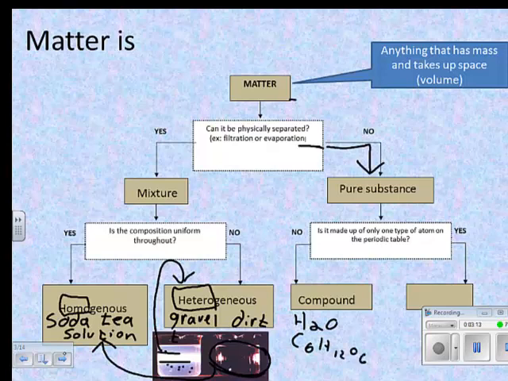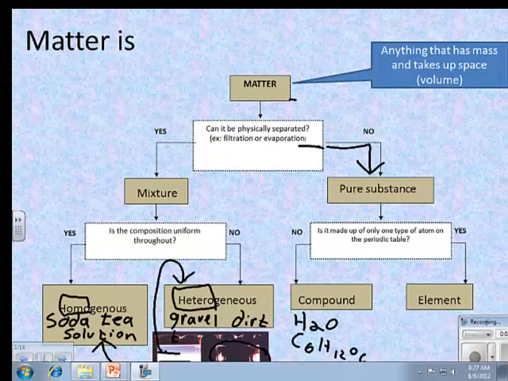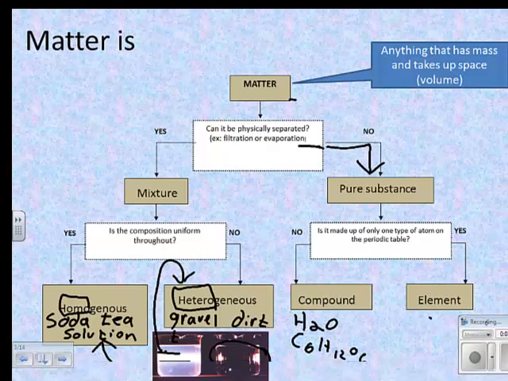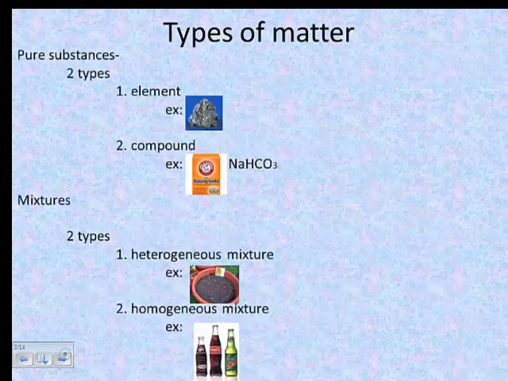Anything that has multiple atoms involved with it, that's going to be a compound. On the other hand, if it's only made up of one element, it's going to obviously just be an element. That would be like chlorine, hydrogen, oxygen, things of that nature. So make sure you know this flow chart because it will come in handy, and you will see this chart again later on in the year.